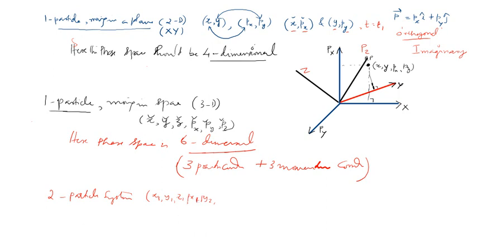Then x2, y2, z2, then px2, py2, pz2, right? At one instant, at a particular time t equal to t1, there will be 12 variables.